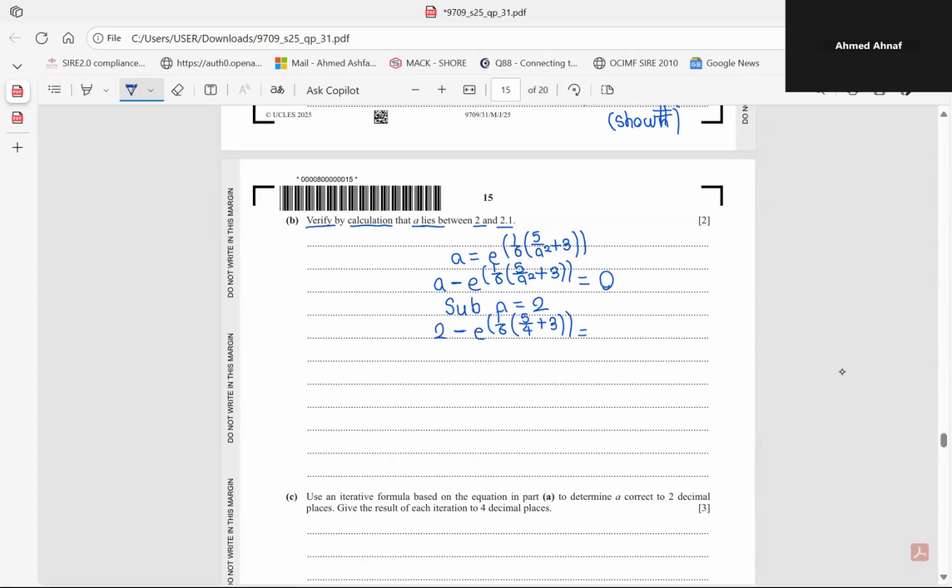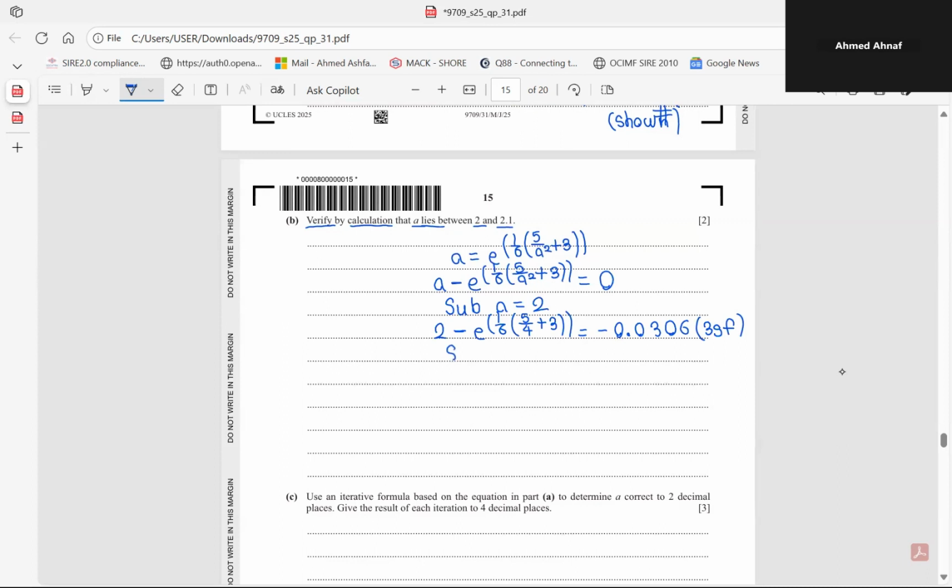So 2 minus e to the power of 1 over 6 times 5 over 4 plus 3. We would get minus 0.0306 to 3 SF.